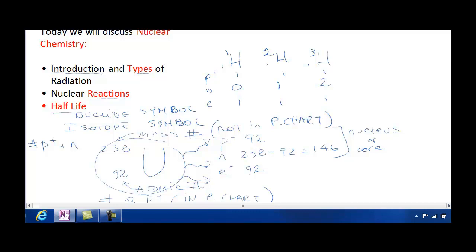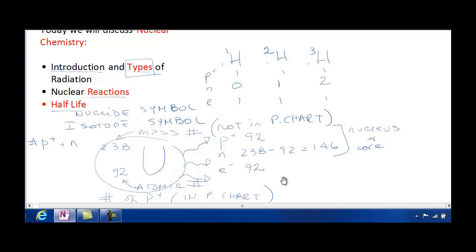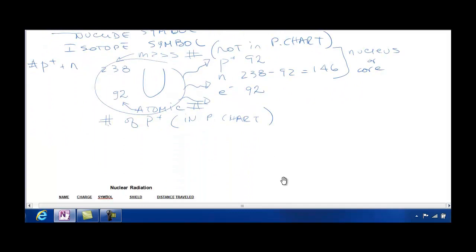Okay, so let's look at what types of radiation we are going to be addressing. There are 3 types of radiation that we need to consider. And these types of radiation are going to be given Greek letters.